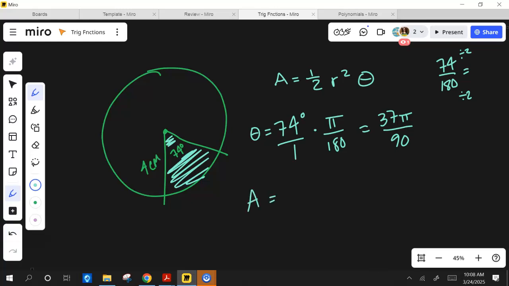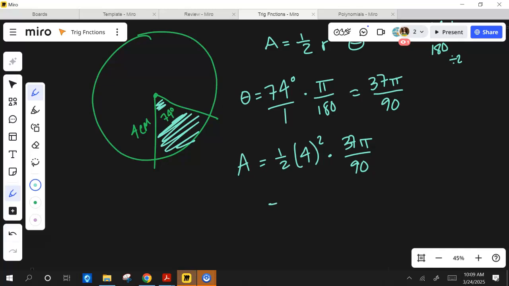So my area would be 1/2. What is the radius? 4, but I got to square the radius times theta. Is that 8?